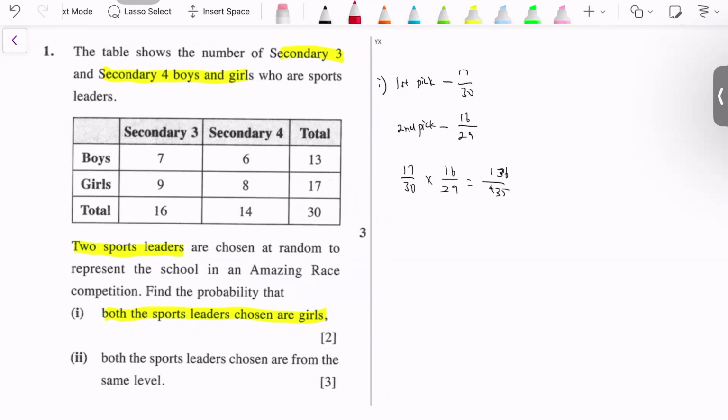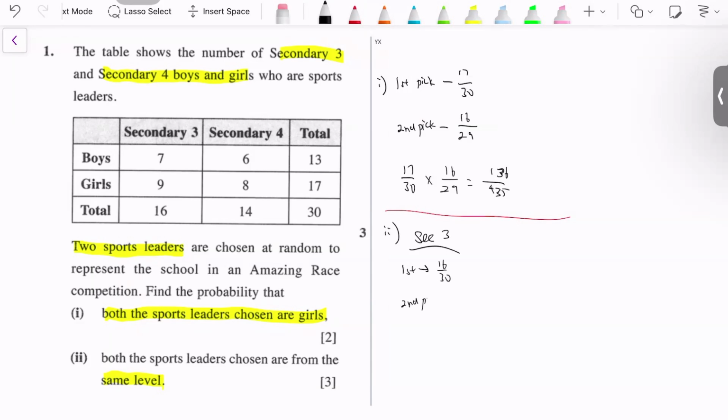Next, part 2, where both sport leaders chosen are from the same level. So both must be Sec 3 or both must be Sec 4. So it can be either both Sec 3 or both Sec 4. So we have to calculate the probability of both. Let's say both are Sec 3. Our first pick, the probability is 16 out of 30.